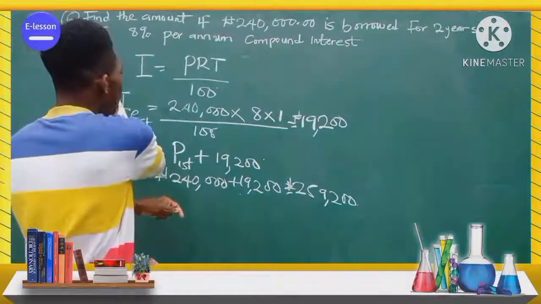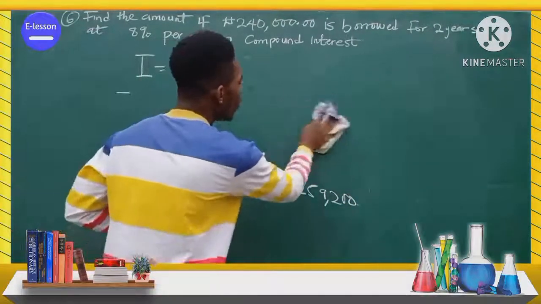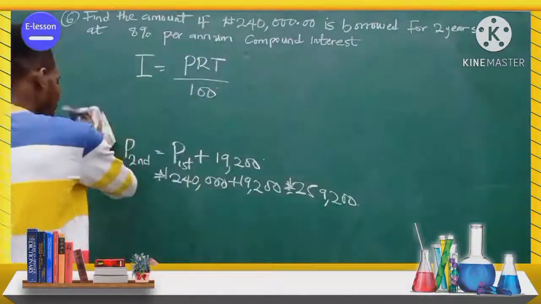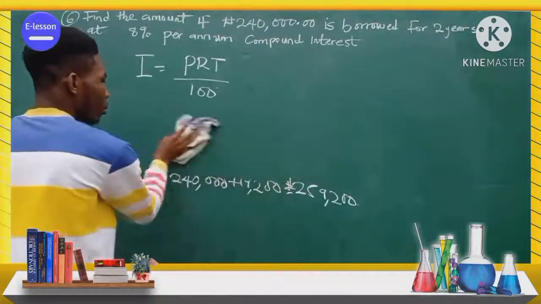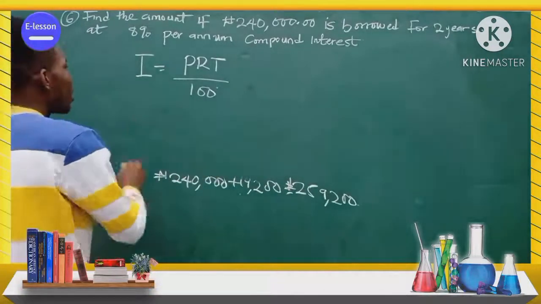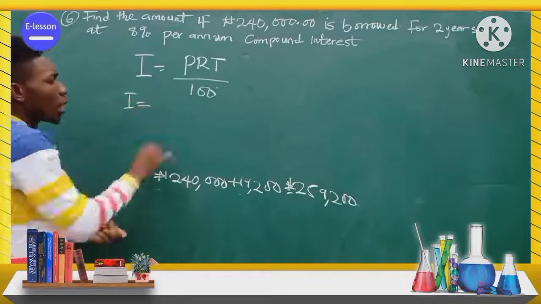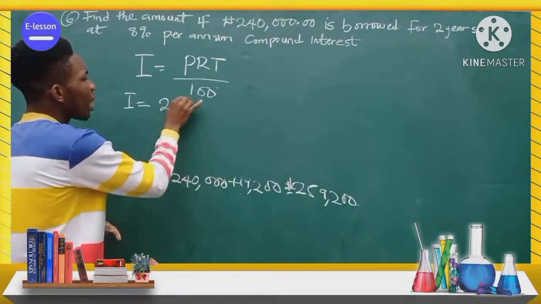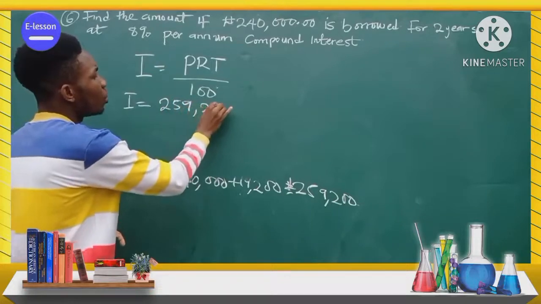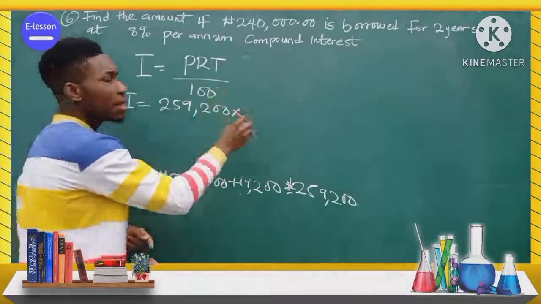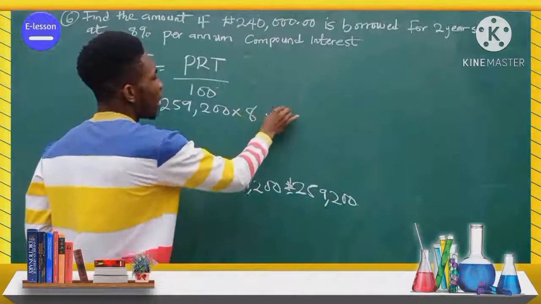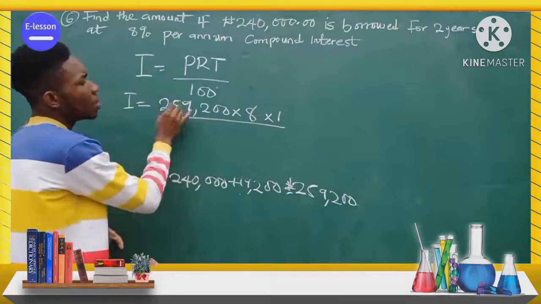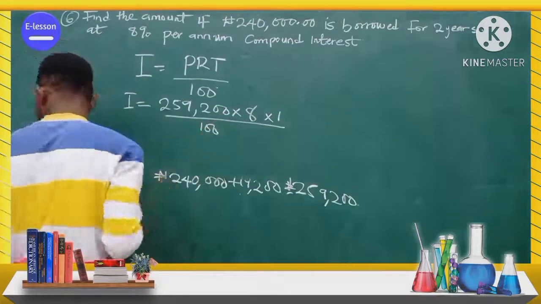Now, starting with this amount for the next year, what will be your interest for that year? The interest is equal to the principal for that year, 259,200, times the rate, which is still 8%, times the time, which is 1 year, divided by 100.